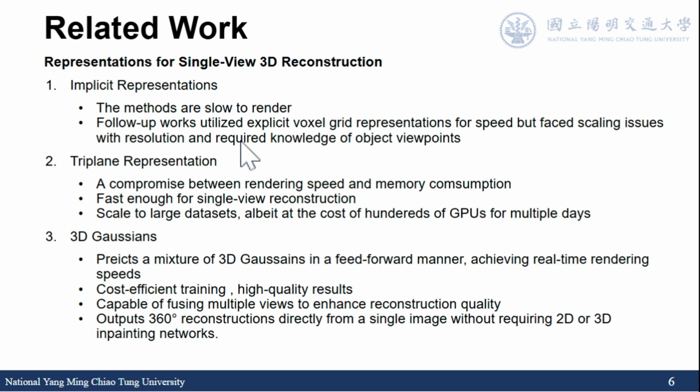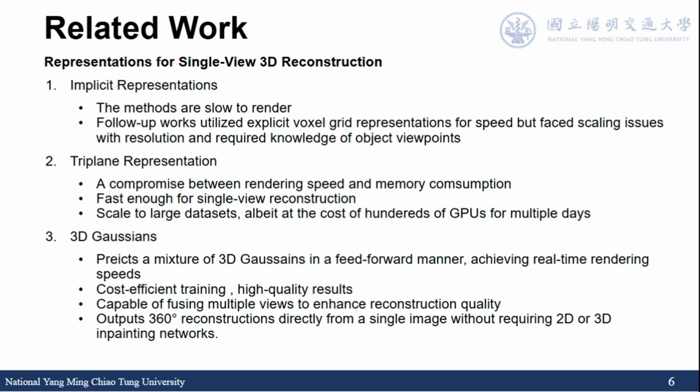To improve on this, follow-up works have used explicit voxel grid representations. These directly encode opacity and colors, which makes rendering faster, but they have their own issues too. Scaling with resolution becomes a problem, and they require knowledge of the exact viewpoint of each object, which limits flexibility.